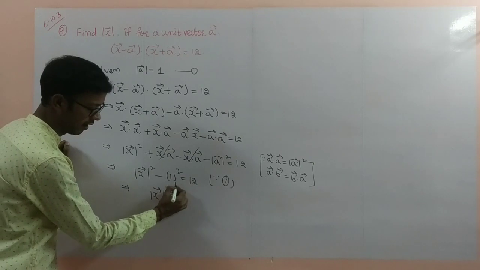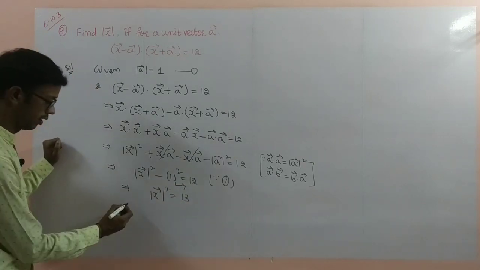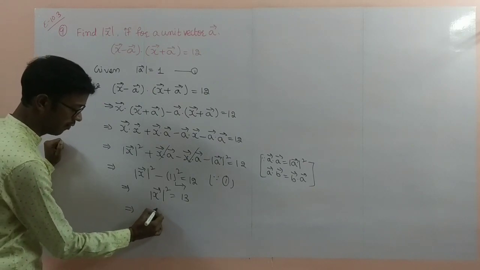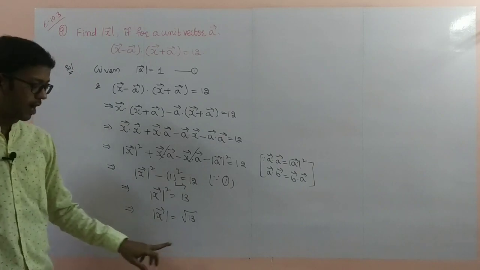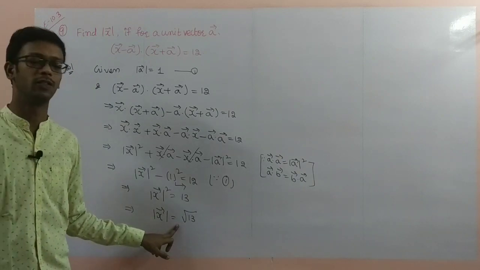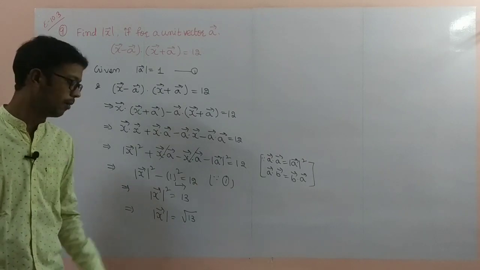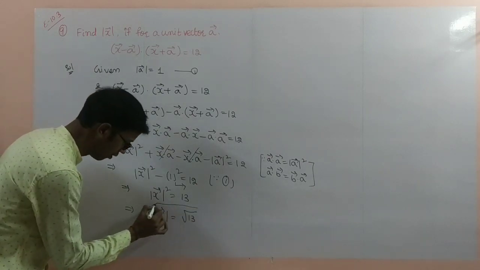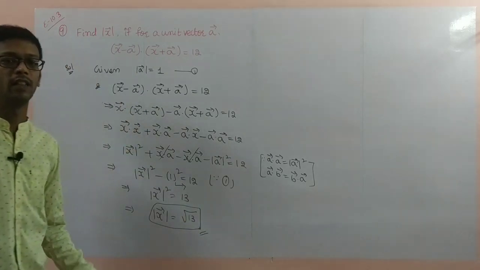If you send it to the right side, it becomes 12 plus 1, which is 13. Magnitude of x bar equals square root of 13. Take only the positive value, don't take plus or minus, because magnitude, like length, is always positive.